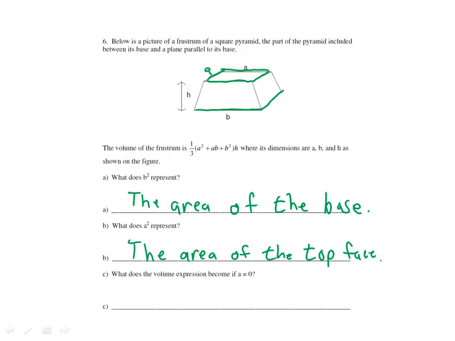What does the volume expression become if a equals 0? That's a good question. So we have our expression right here. I'm going to do this work up here. 1/3 times a, and they said that a is going to equal 0. So every place I see a, I'm going to substitute 0.